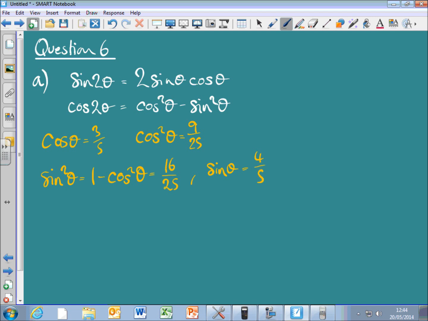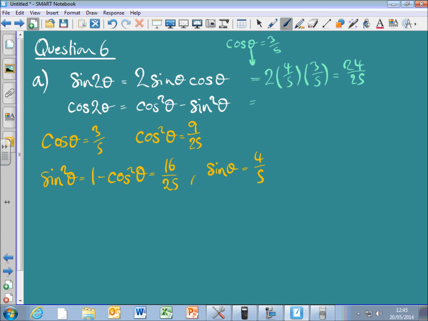Now, this means that sine 2 theta at this point, so I'm talking about when cos theta equals 3/5, that sine theta is 4/5, so this becomes 2 times 4/5 times cos theta, which is 3/5, which is going to give me 24/25, which is what I wanted it to be.